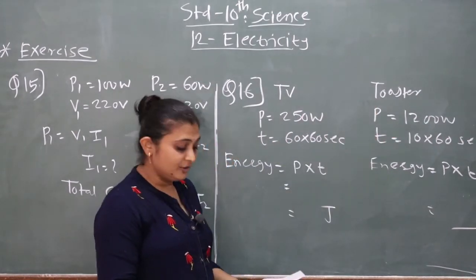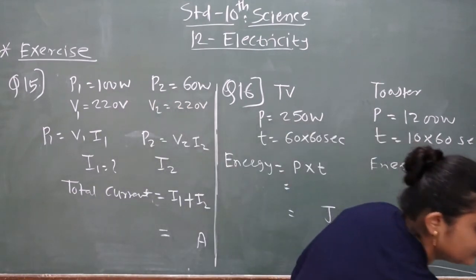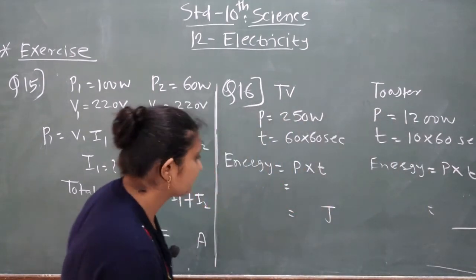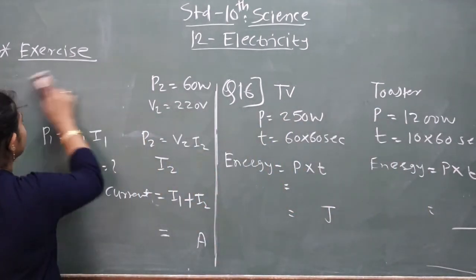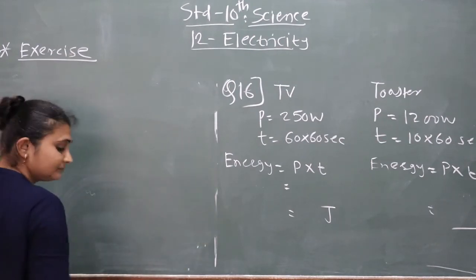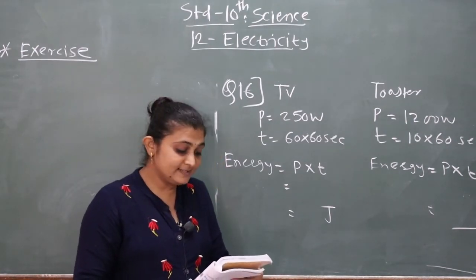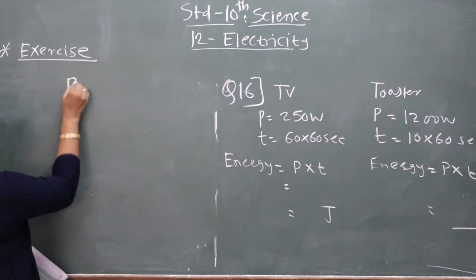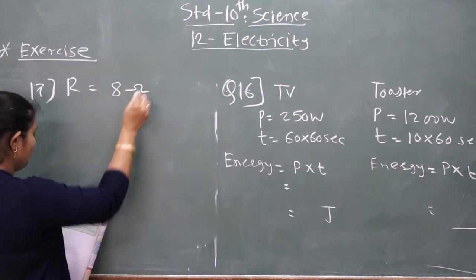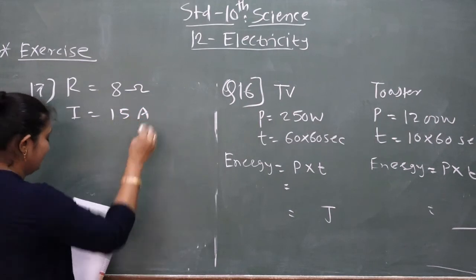And the last question of this chapter, question number 17. An electric heater of resistance 8 ohm, R is equal to 8 ohm, current I is equal to 15 ampere.